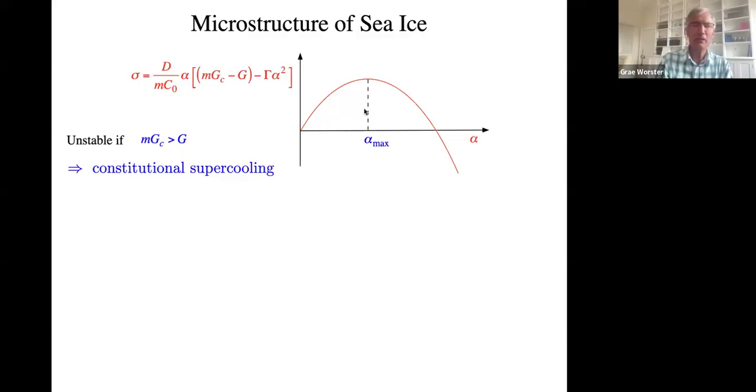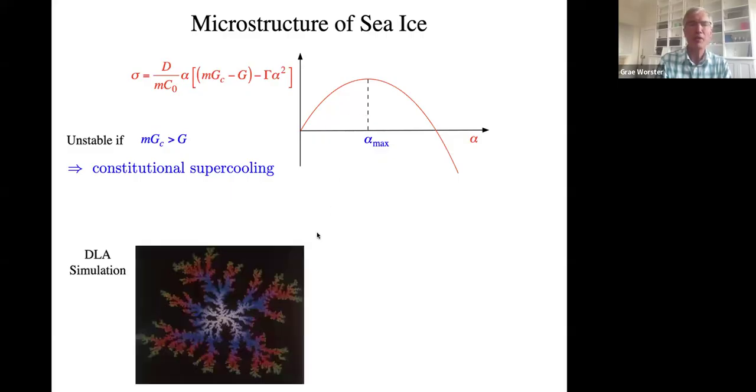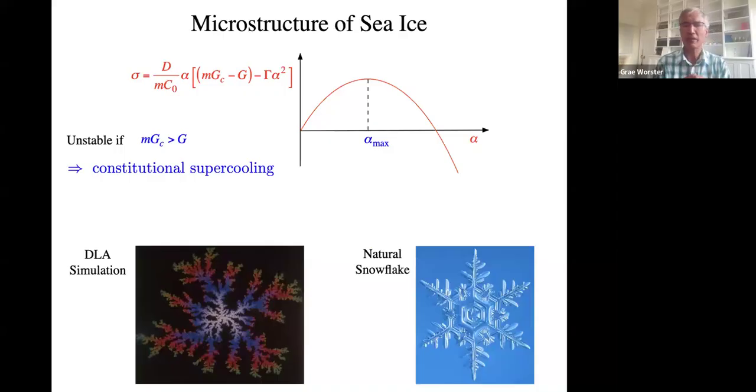What does that look like? Well, if we were growing just a single crystal into a constitutionally supercooled environment with no surface energy, the surface energy is encapsulated in this parameter gamma, then we would just get fractal behavior. So no longer a planar interface, but something that's fractal. What surface energy does is to stabilize small wavelengths and give some structure to the instability.